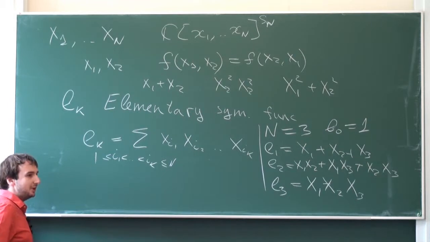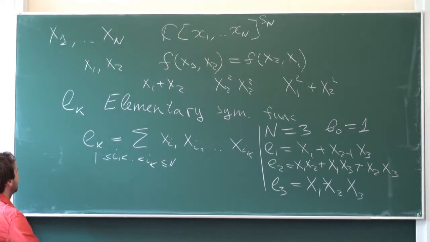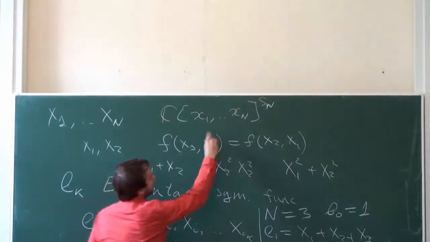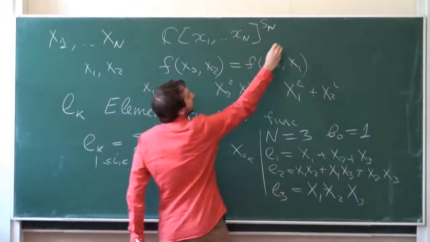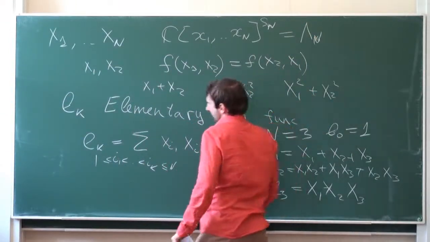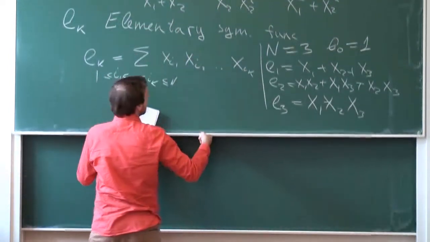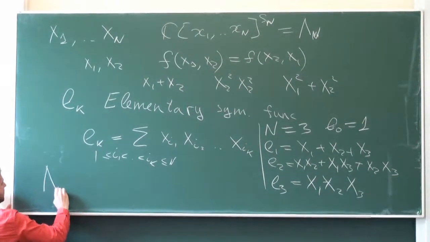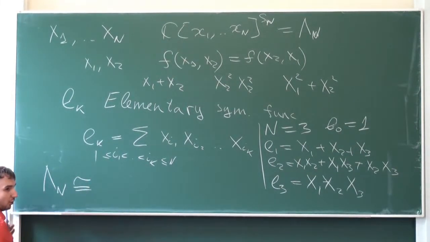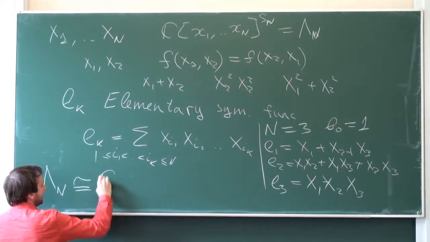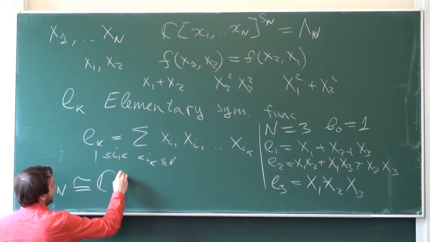So there is a well-known theorem which is sometimes called the fundamental theorem of the theory of symmetric functions, which says the following. Let's denote this ring of symmetric functions in n variables by Lambda_n. Then the fundamental theorem tells that this Lambda_n is isomorphic as an algebra to the ring of polynomials in elementary symmetric functions.